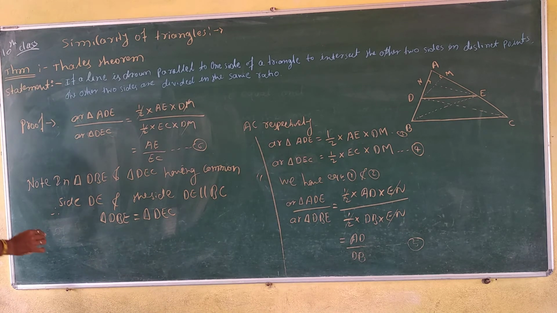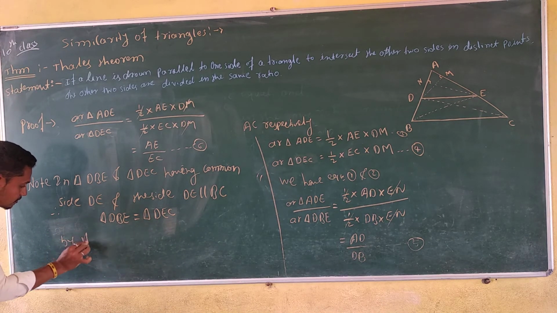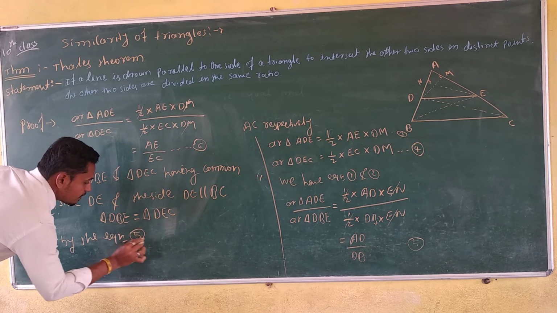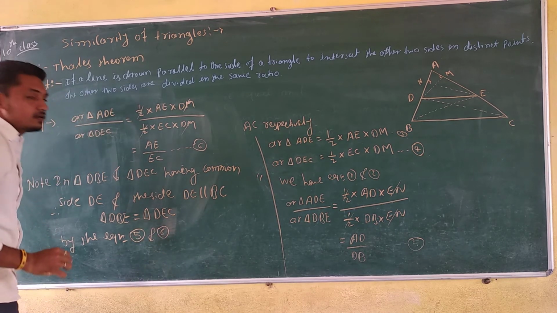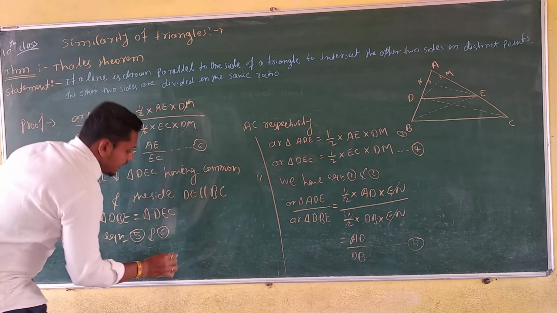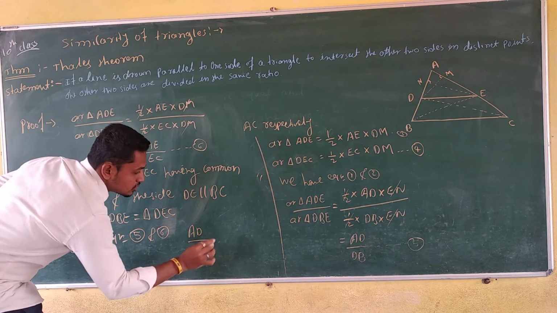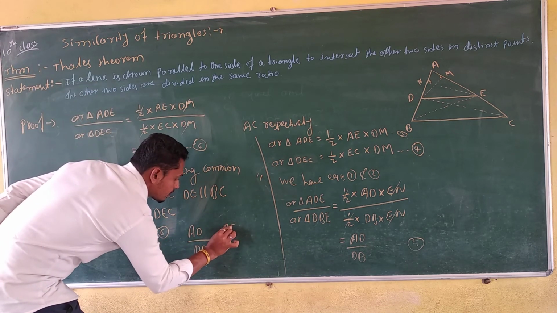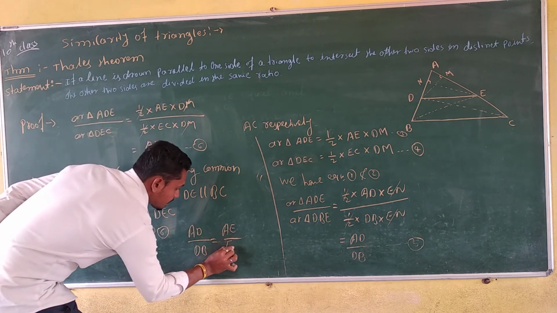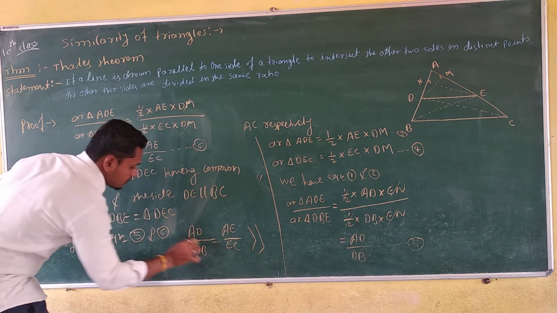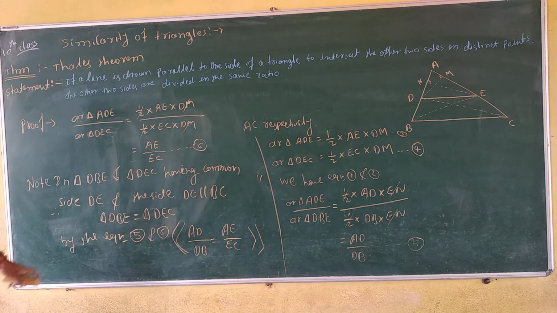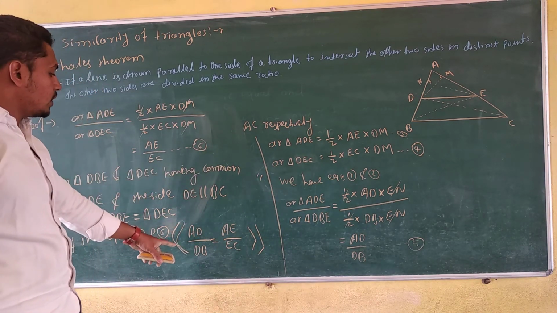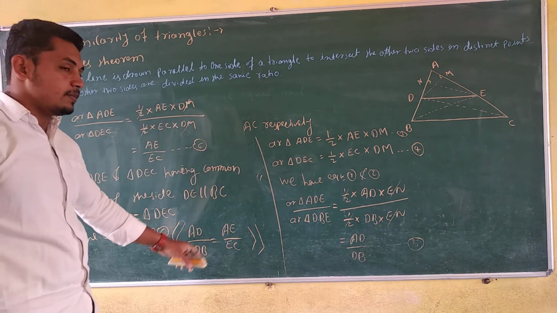So by equation number 5 and 6, you can write AD divided by DB is equal to AE divided by EC.